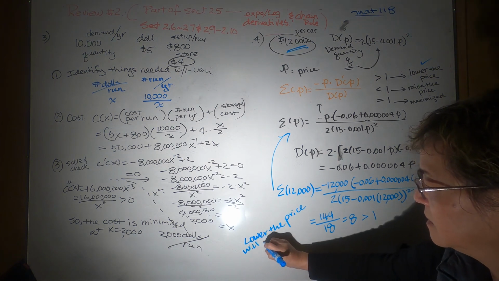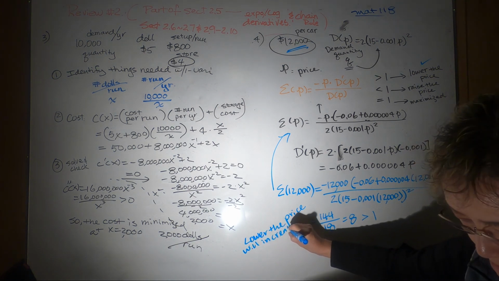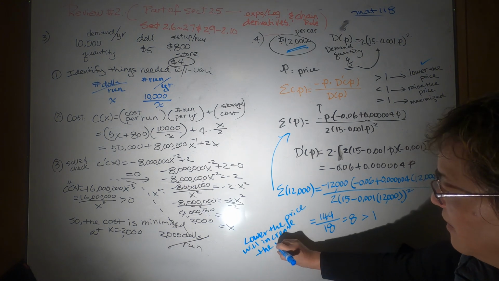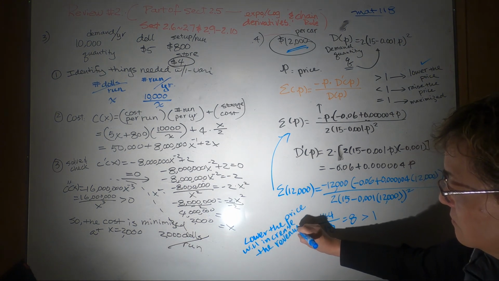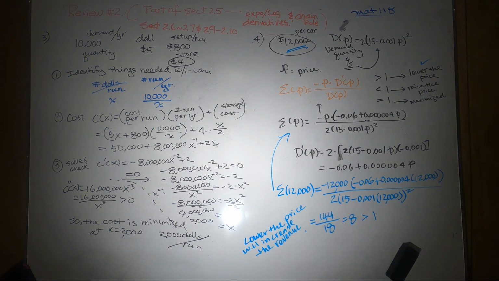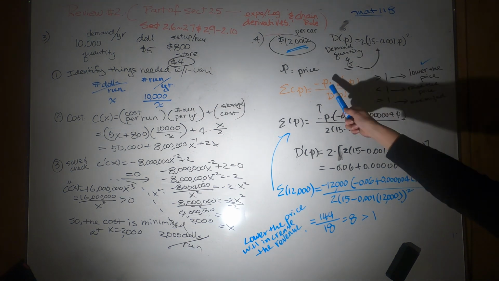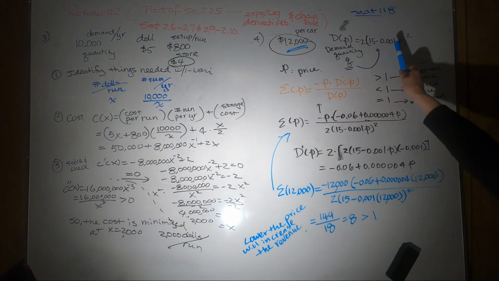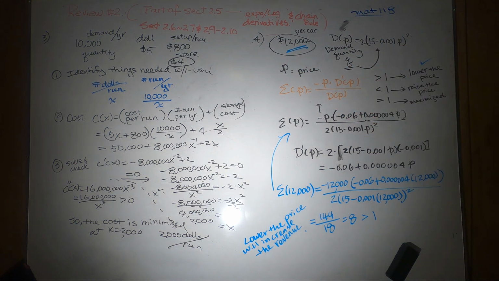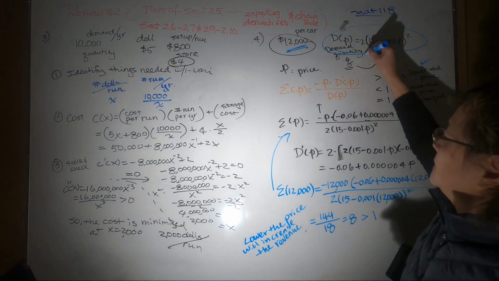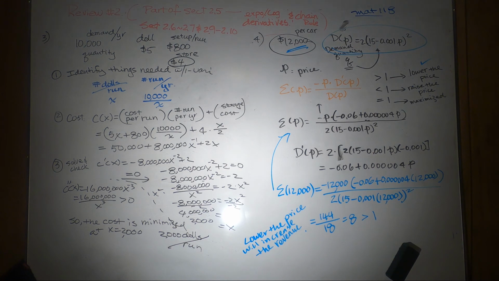Lowering the price will increase the revenue, right? That's what we have been learning about E, the elasticity of demand, to help us analyze the situation. Price is given, but the demand quantity according to the price is very hard to come up with.